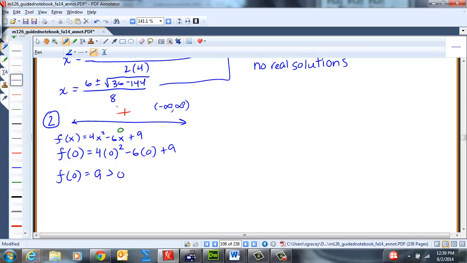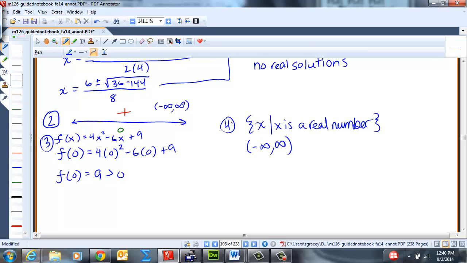So therefore, our solutions, so this was part 3. So part 4, the solutions, x such that x is a real number, or minus infinity to infinity in interval notation.